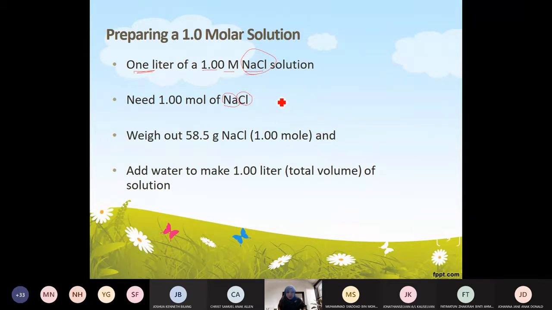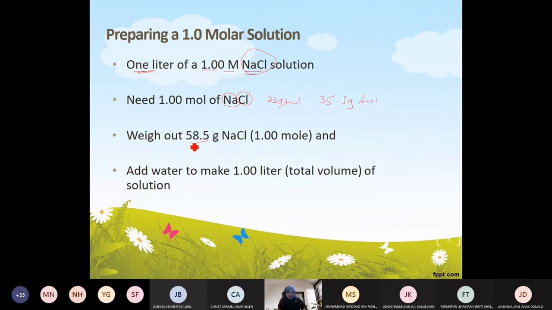The atomic mass number of sodium is roughly 23 gram per mole. Chlorine is 35.5 gram. So bila awak tambah 35.5 dengan 23 gram per mole, you get 58.5 gram.